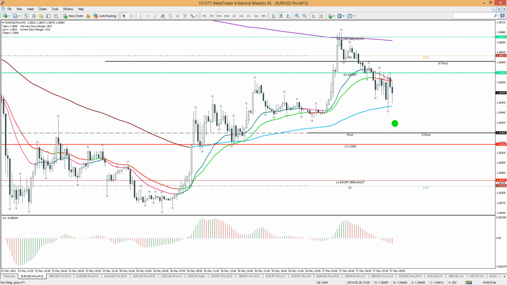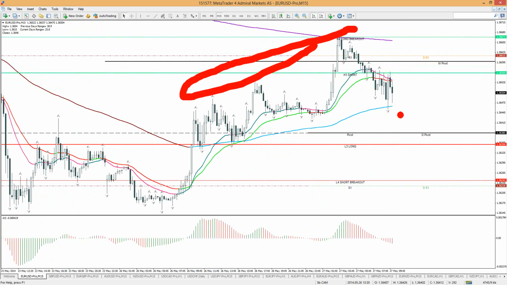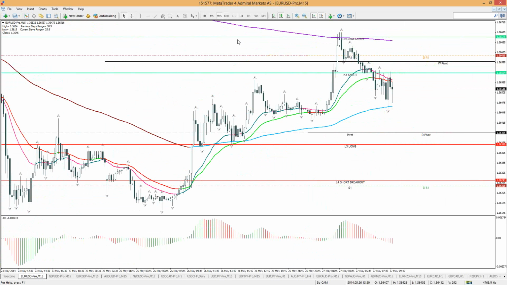I can understand the reason why it could be appealing to trade a break to the downside with this divergence here and try to position oneself for a break to the downside. But because of these levels here and the moving averages and the hourly moving averages, I wouldn't be doing that one. What I would then look for is a break, pull back, and continue probably.